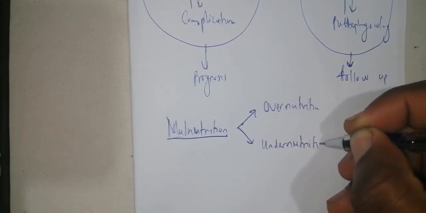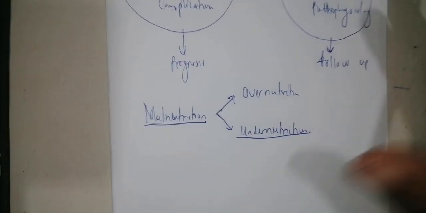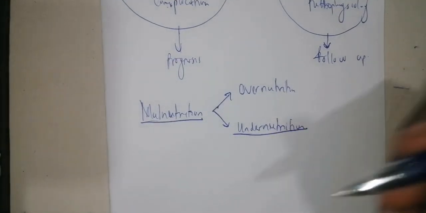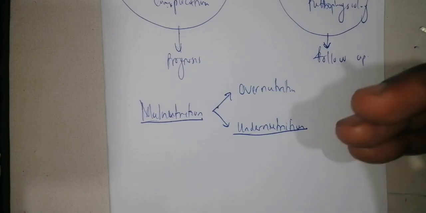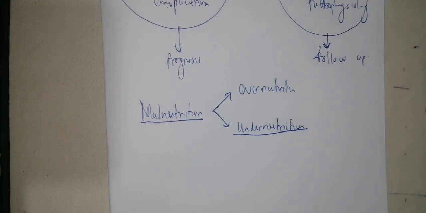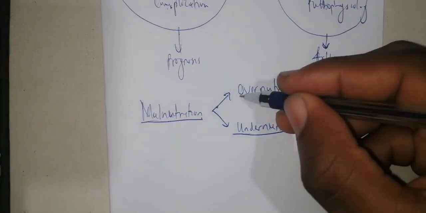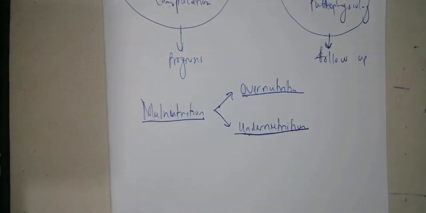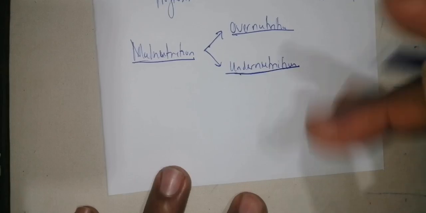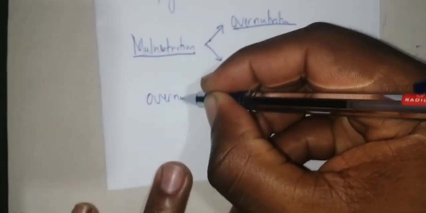Now, generally, in our context, or in most cases, malnutrition is just taken as undernutrition. But you need to know that undernutrition and malnutrition are strictly different. When you say malnutrition, it can constitute overnutrition as it can constitute undernutrition. Is it clear? Now, you need to know the definition of overnutrition.